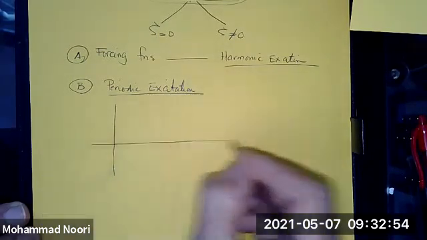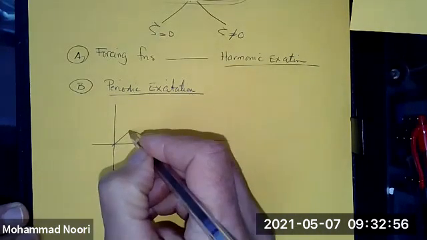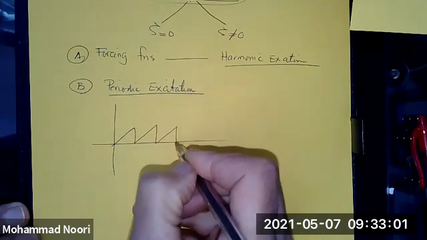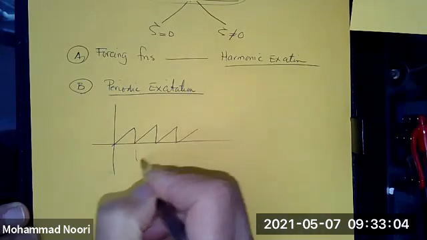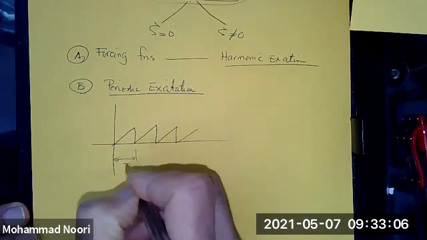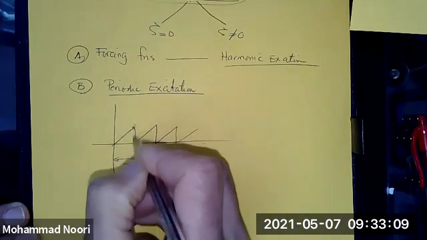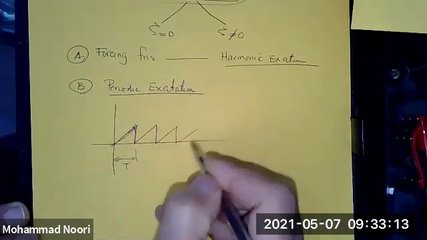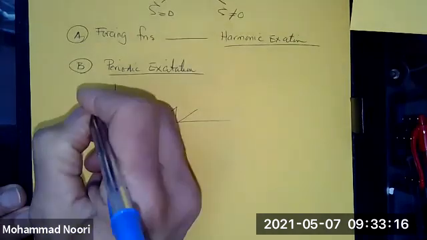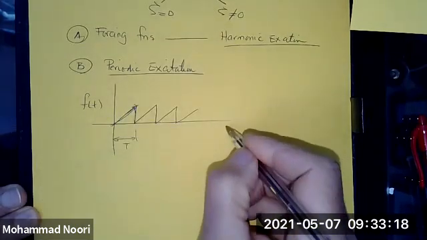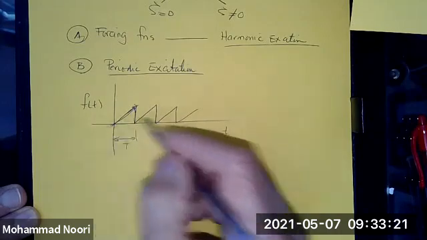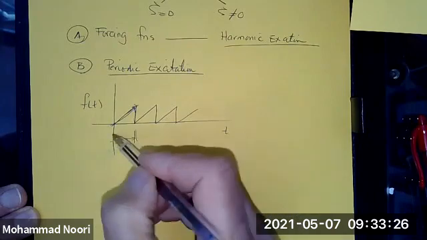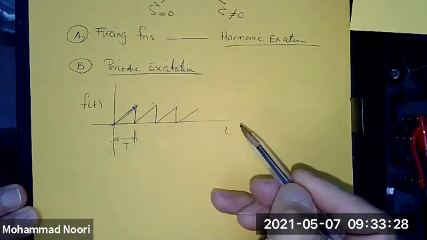For instance, a cam drive in a mechanical system is a good example. The forcing function may look like this, where at every period you generate a force with a sawtooth behavior. Okay, it is repetitive in time. After every period it repeats itself, but it is not harmonic.